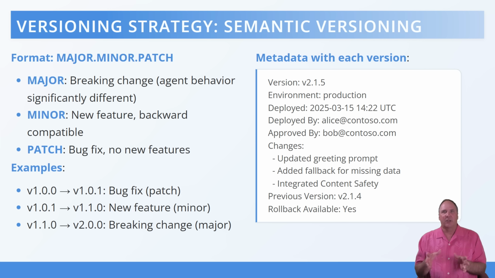Now, for models specifically, each version in the Foundry registry should include richer metadata like the training date and the data sources, accuracy and fairness metrics, known limitations, who trained it, and who approved it for deployment. If a user reports an issue with a specific model version, you can pull it from the registry, review the metadata, and compare with other versions to isolate the problem. Without this metadata, you're just guessing.